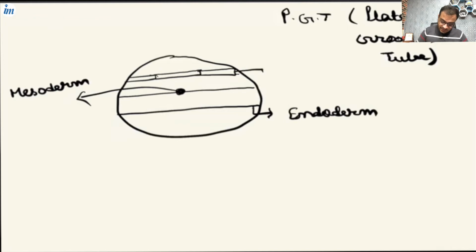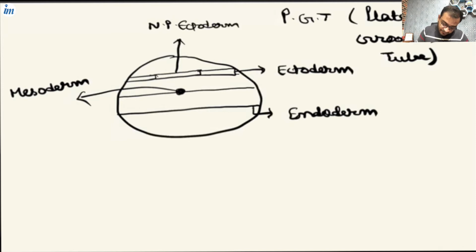The whole upper part is ectoderm, but the ectoderm again has its terms. In the middle one we have the neural plate ectoderm, and this one and this one are both surface ectoderm.